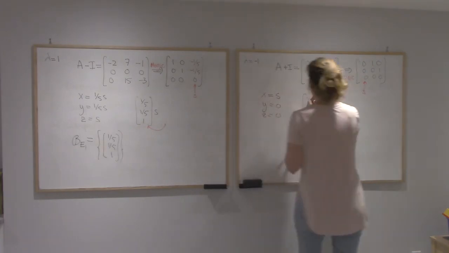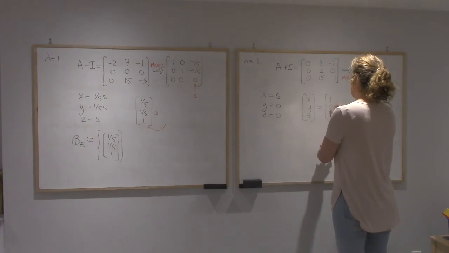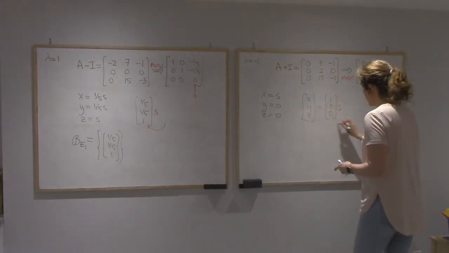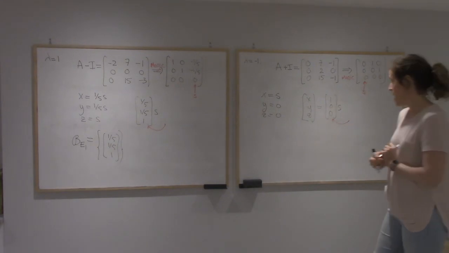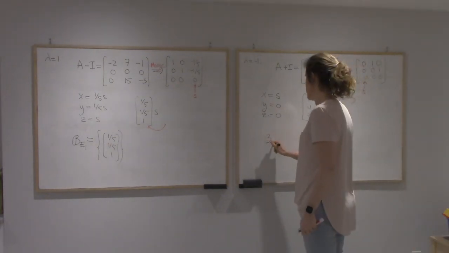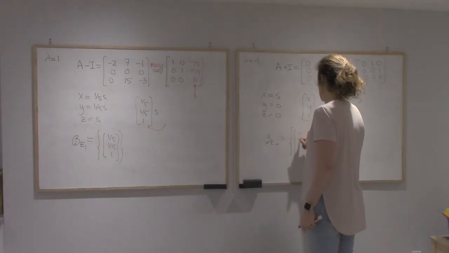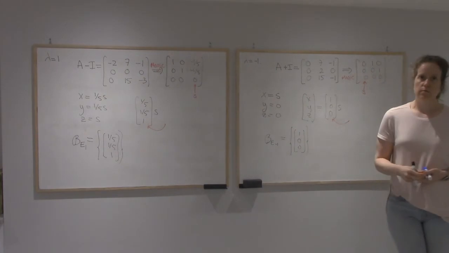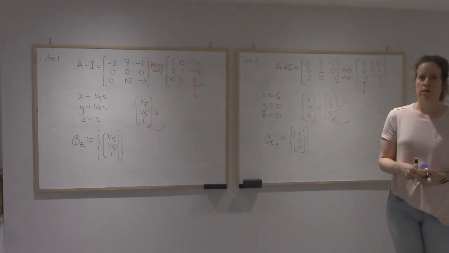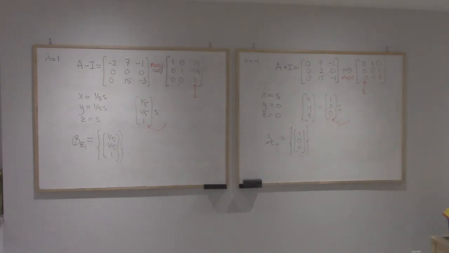So I get x, y, z is 1, 0, 0, s. So that's going to be what I take as my one element basis. So basis of E minus 1 is going to be 1, 0, 0. That's what I get for lambda equals -1.